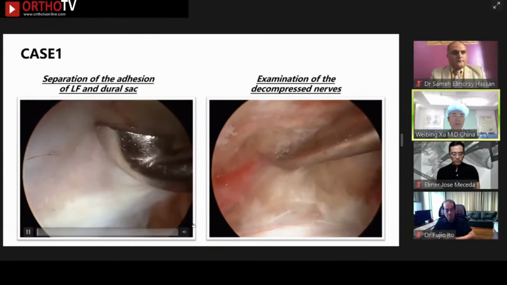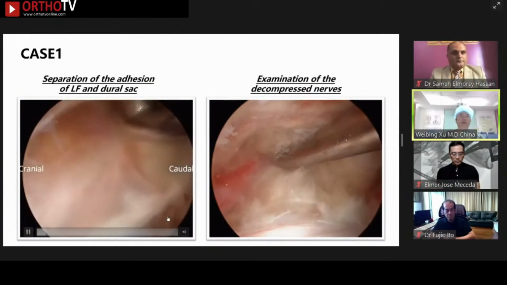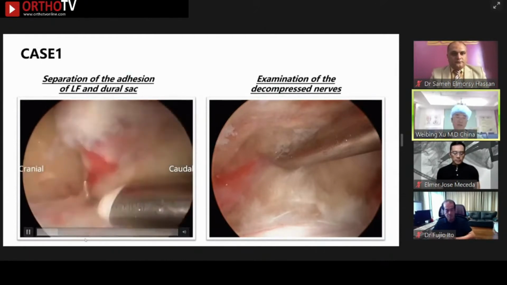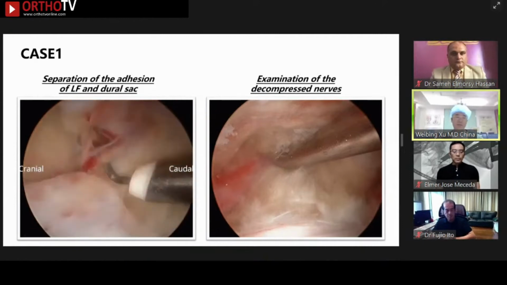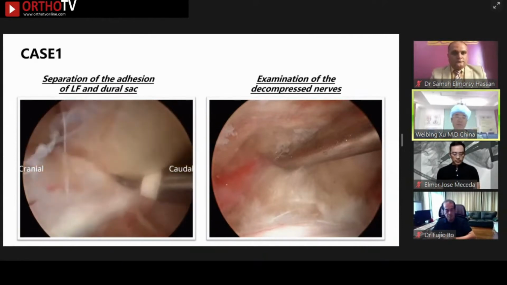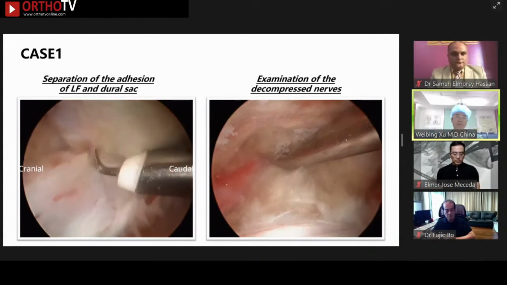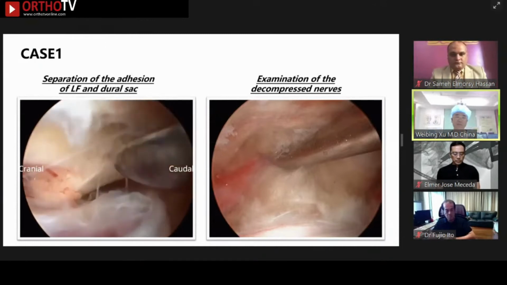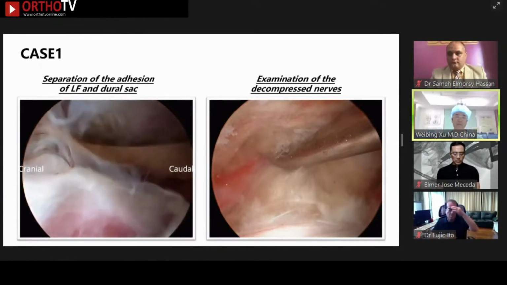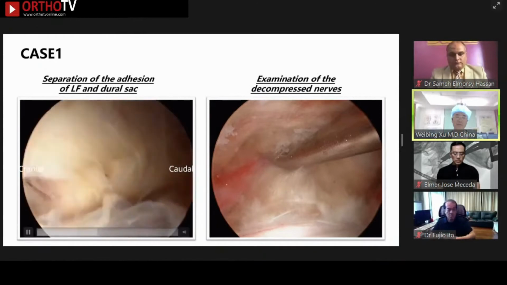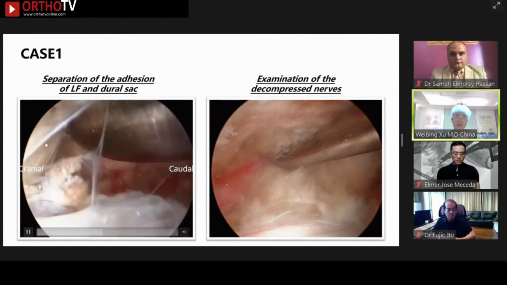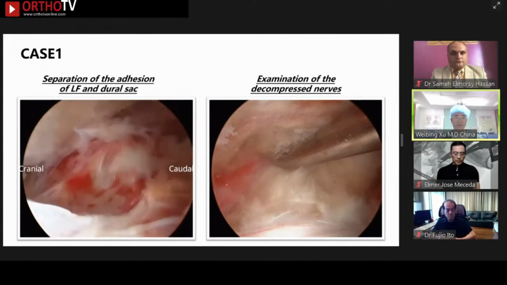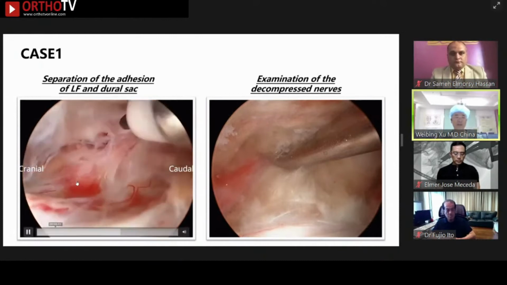Then we separate the adhesion between the ligamentum flavum and the dural sac. No dural tear here in this case.